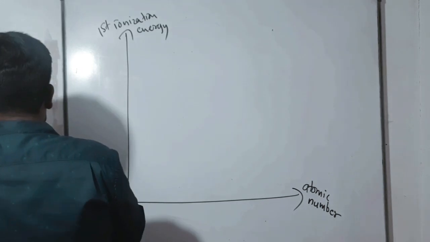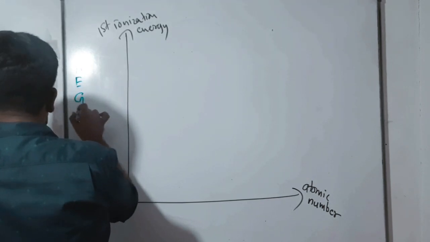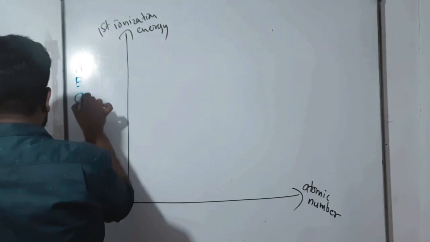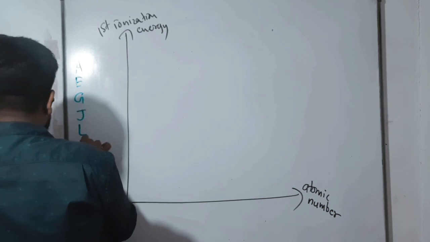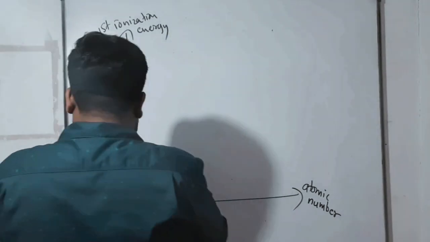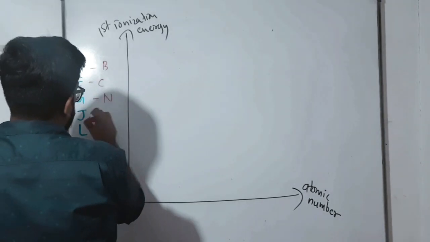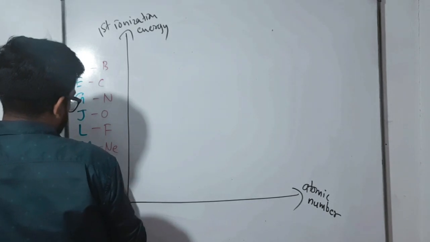A, E, G, because first time I erased those things, no? E, A, E, G, J, L, M, Q, R. Okay, now we know A is carbon, no? Carbon, boron, nitrogen, oxygen, fluorine, neon, sodium, magnesium.